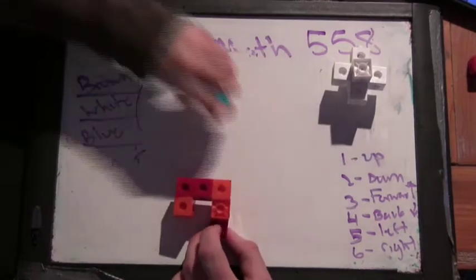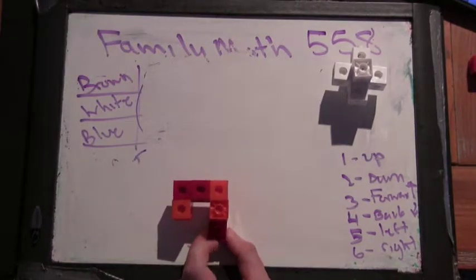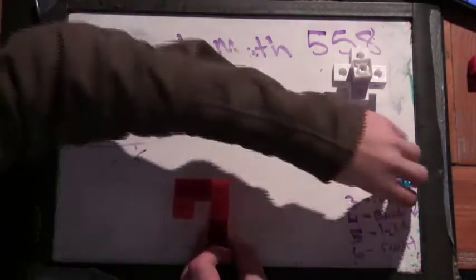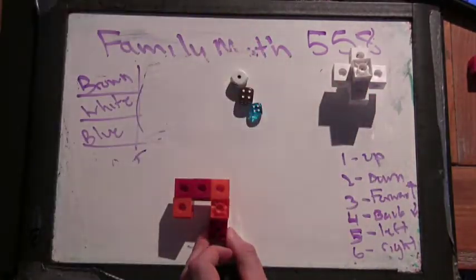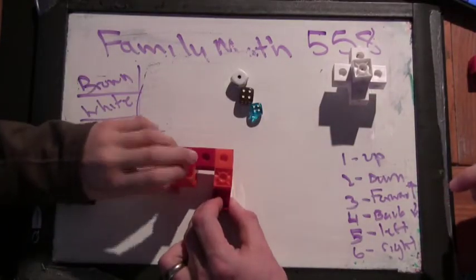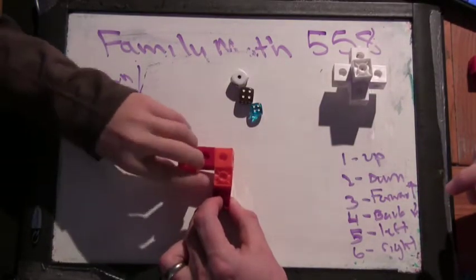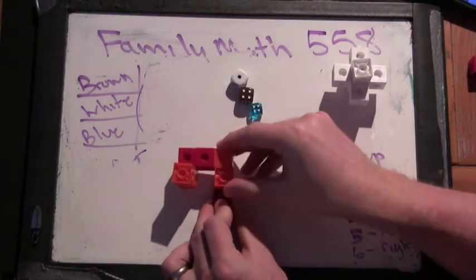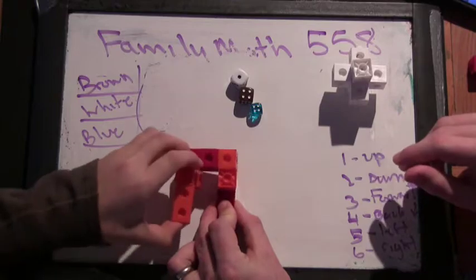Alright. So here's our random walk so far. Alright, so 1 4 4. So 1 straight up. 4 4. So back.